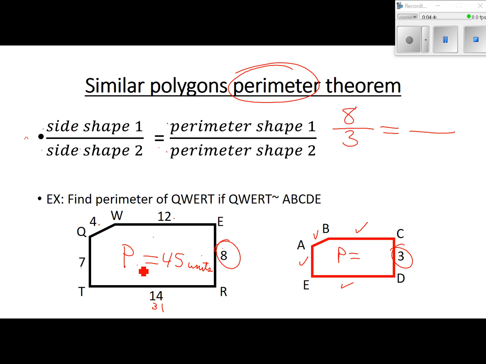Now I'm going to use the perimeter. The perimeter of shape 1, which we know is 45, compares to the perimeter of shape 2, which we don't know. And I'm just going to use P as my variable, you could use x, y, whatever variable you want to use. I use p to remind me that it's dealing with perimeter. We cross multiply here, we get 8p equals, cross multiply this way, we get 135.